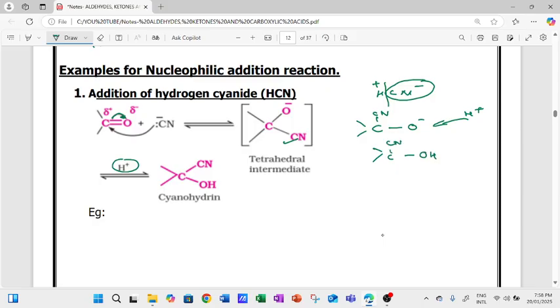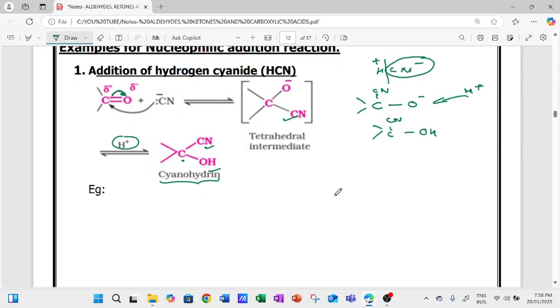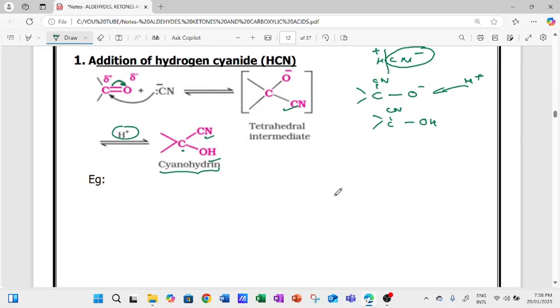It means the product is the carbon with CN and OH. There are two functional groups, cyanide and hydroxyl like alcohol. This product is called a cyanohydrin. A carbon with two functional groups such as cyanide and alcoholic group is called a cyanohydrin.